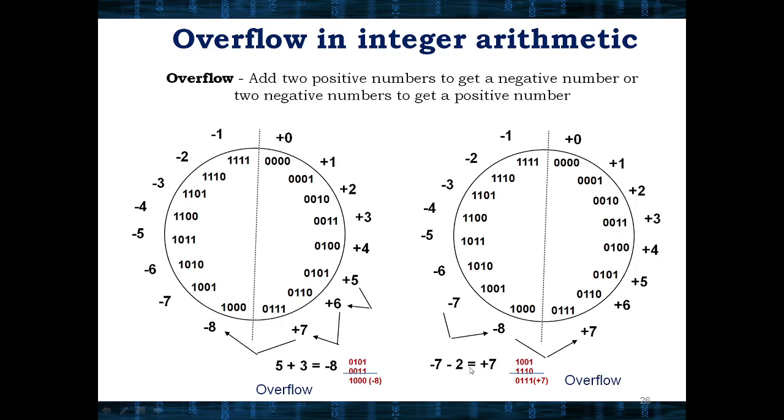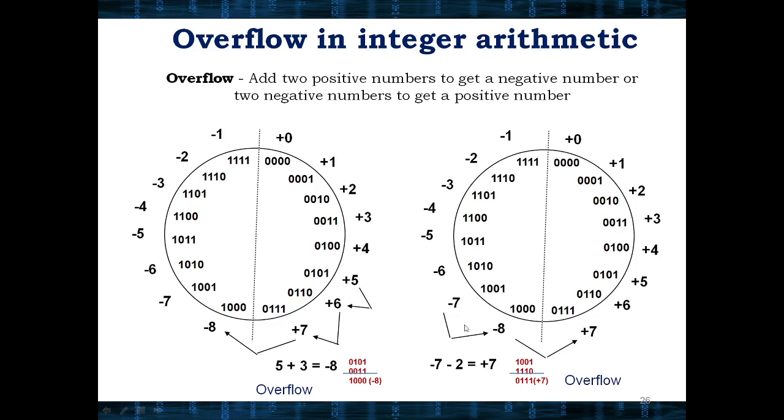-7 and -2 plus 7. So these two operands are negative numbers. Then the result is a positive value. So it is an overflow condition. Okay. So -7 and -2. According to this diagram in 2's complement form, for -7 and -2 you have to go in the anti-clockwise direction 2 steps back.